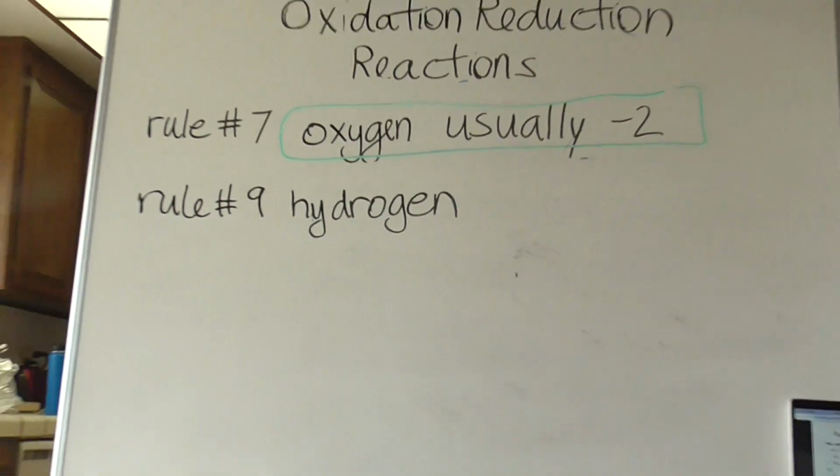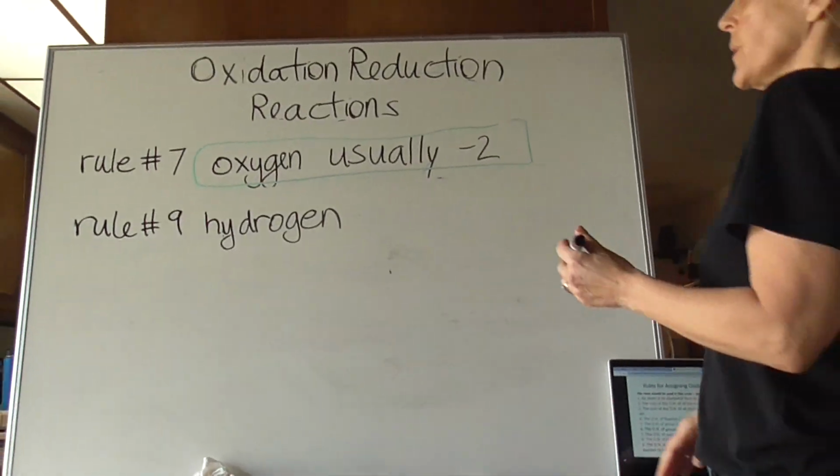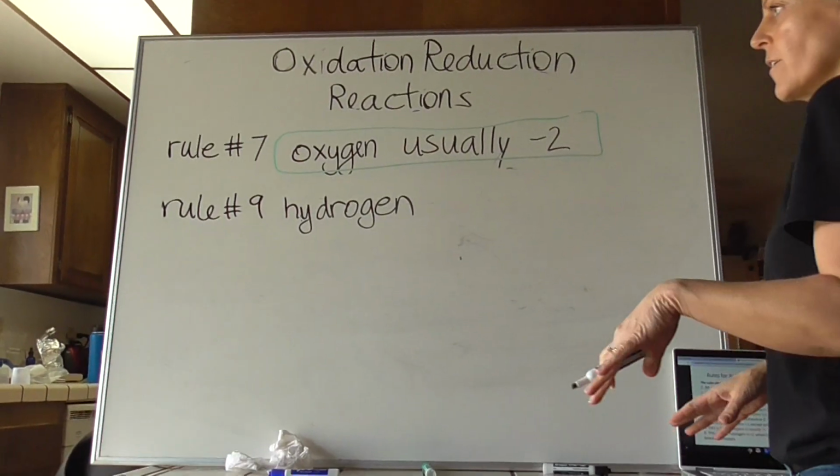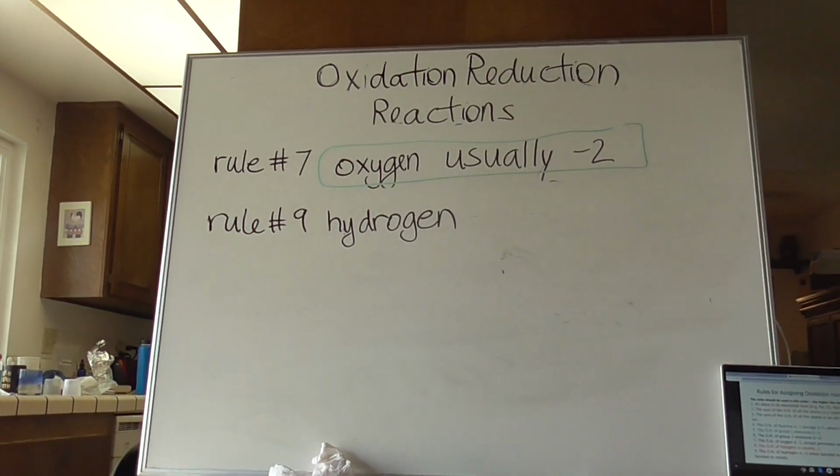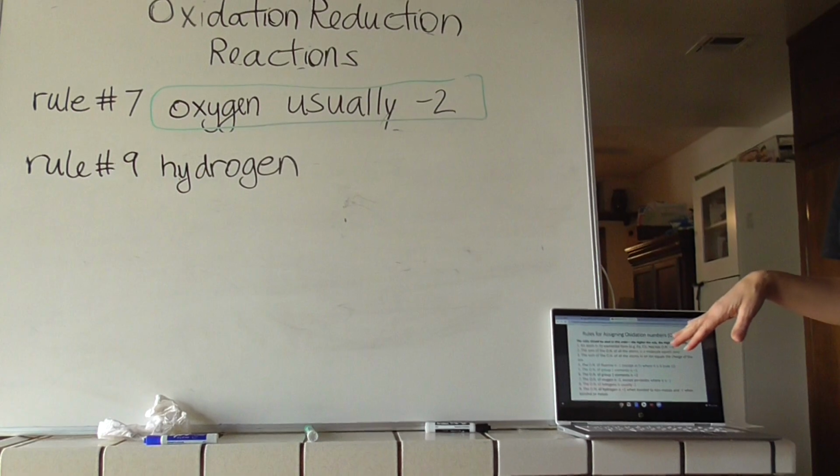What are we going to do for hydrogen? If it's by itself, so if you just have H2 by itself, that follows rule 1, which means it's just neutral.